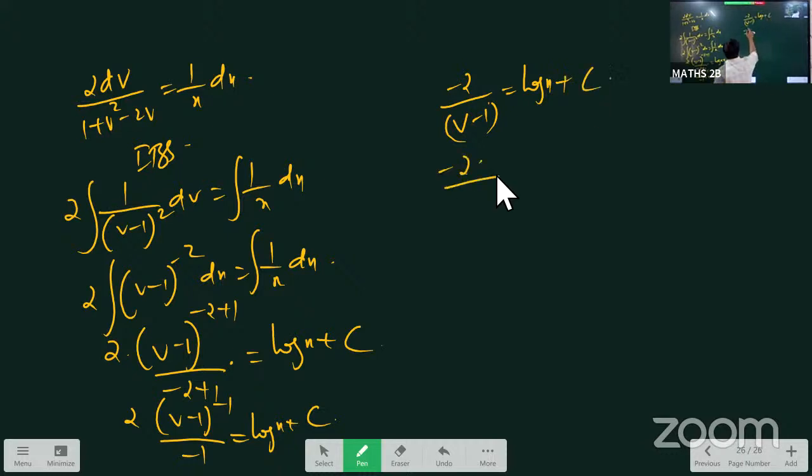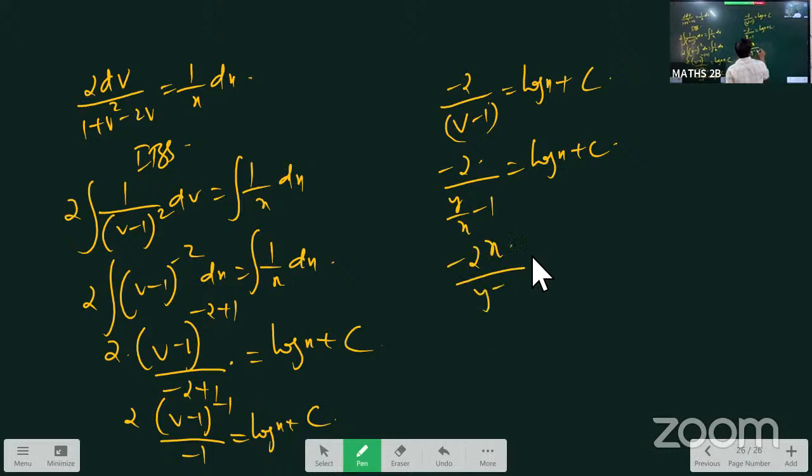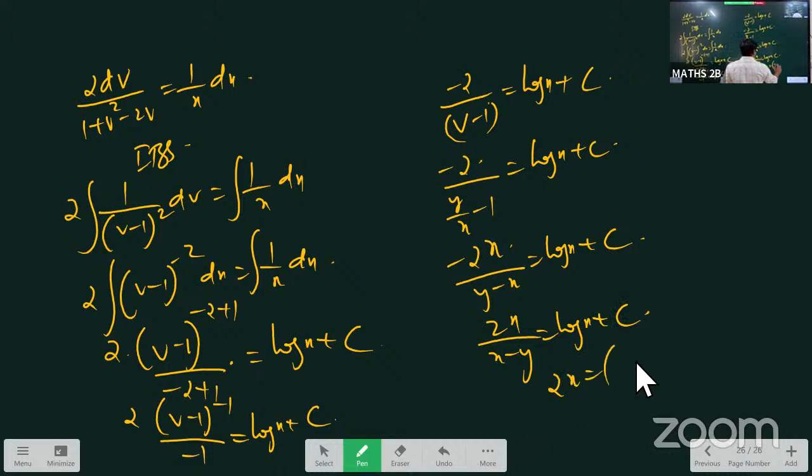Minus 2 by y by x minus 1 equals log x plus c. Take LCM, 2x by y minus x, that is 2x by x minus y. And 2x equal to x minus y into log x plus c is your final answer.